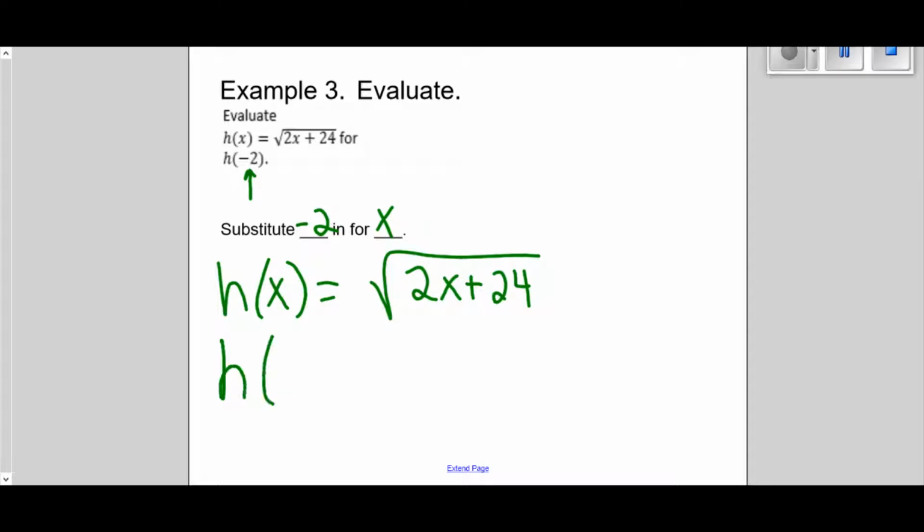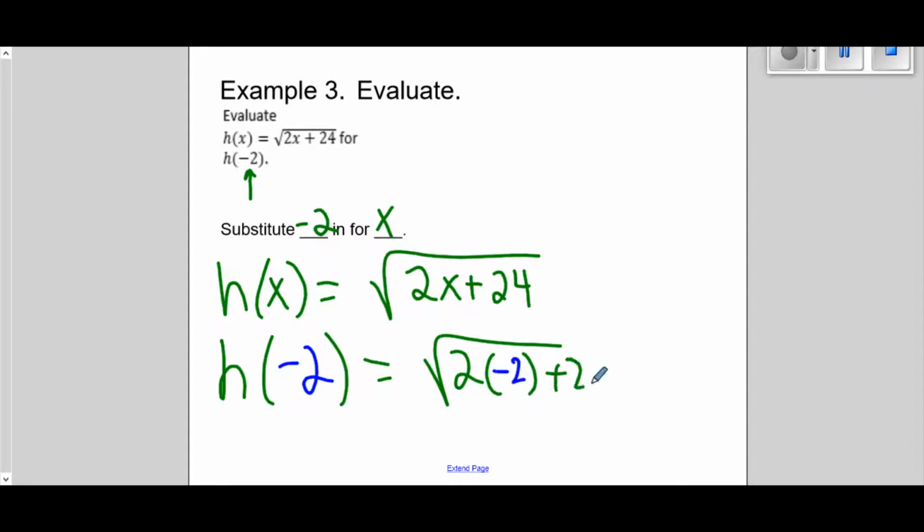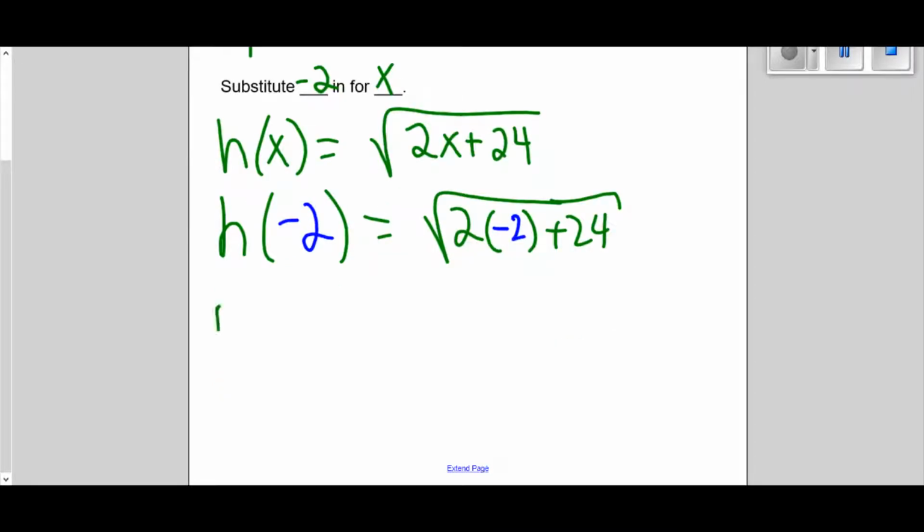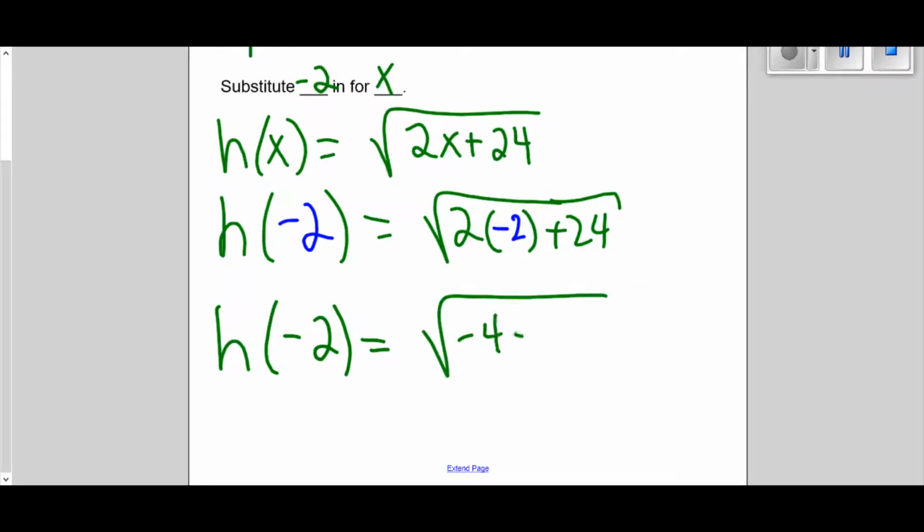So h of -2 equals the square root of 2 times -2 plus 24. So then just simplify. h of -2 equals the square root of 2 times -2 is -4 plus 24.